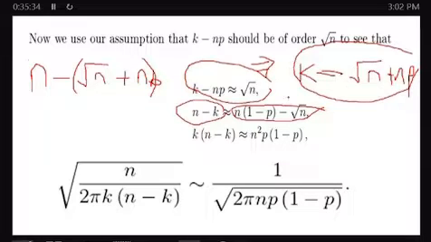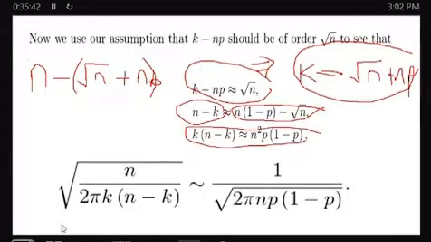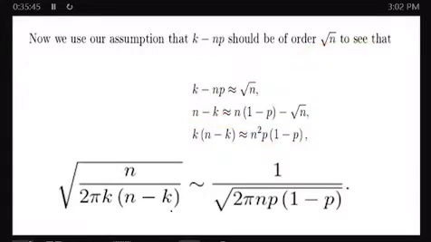Then if I know K and I know n minus K, I can find K times n minus K, which is going to be this. Now, what is the takeaway from here? The takeaway is I want to substitute for this, K times n minus K. So K times n minus K is this guy.